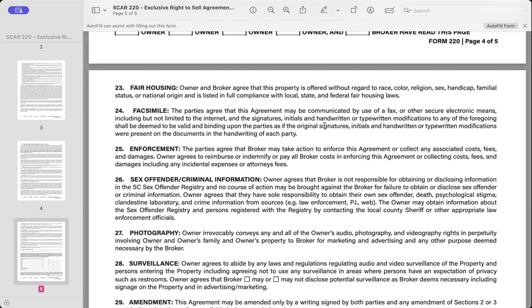The owner agrees that the broker is not responsible for checking the sex offender registry. The owner has sole responsibility to do any searching research on sex offenders, death, psychological stigma, crime. The owner would have to obtain their own information, and the broker is not responsible for obtaining that information.